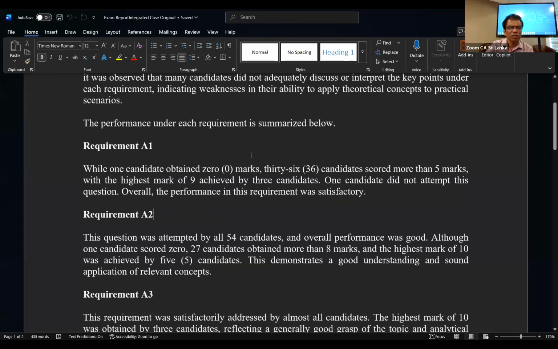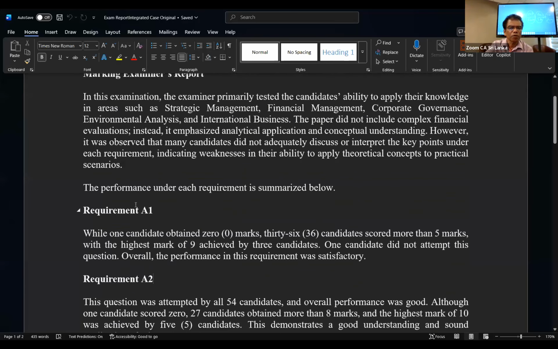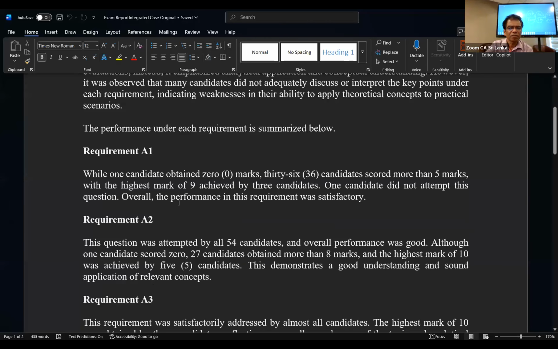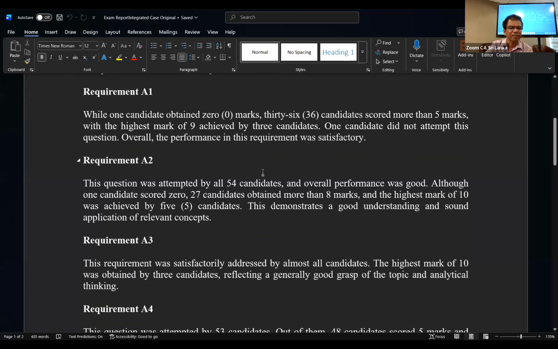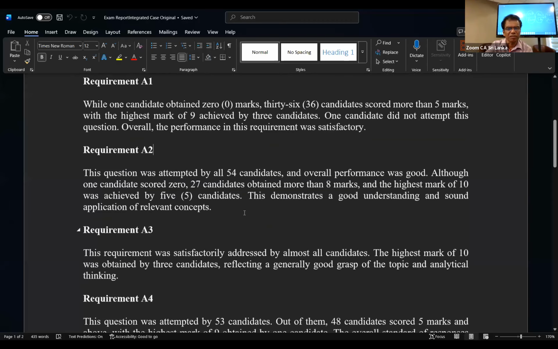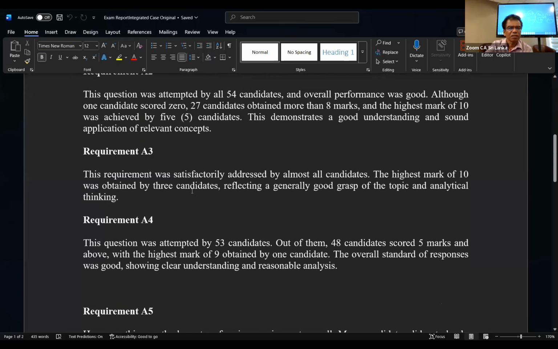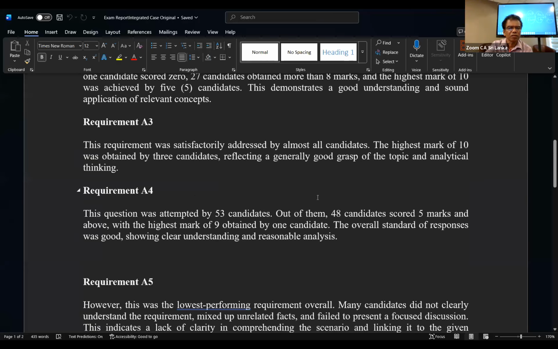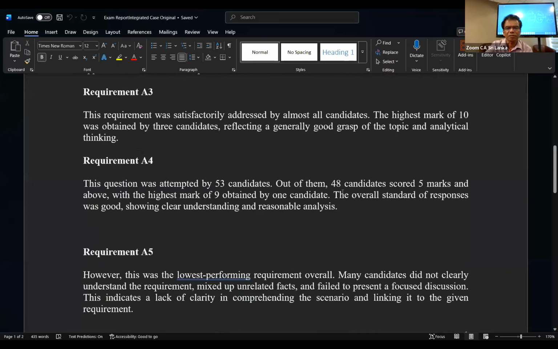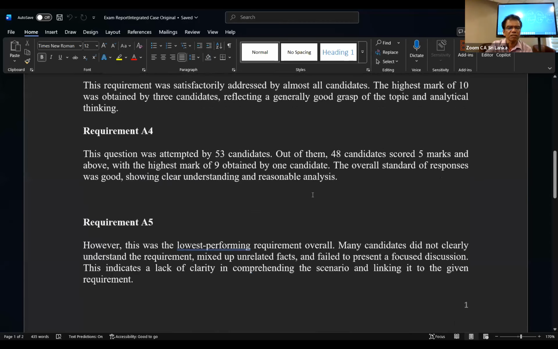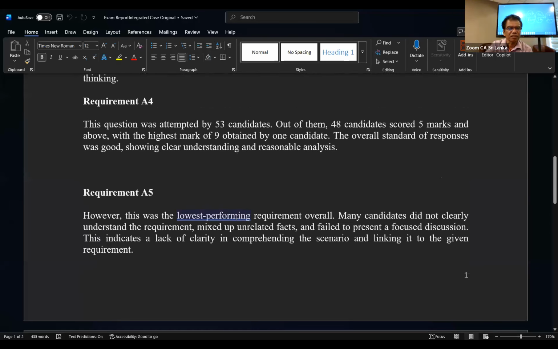So when you see that one, the performance: you can see requirement A1's performance was satisfactory. On the A3 requirement, it was satisfactory, addressed by almost all candidates, with the highest marks reflecting security proof. In this session's attempt, the standard response showed understanding and reasonable analysis. However, requirement 5 was the lowest performing requirement.